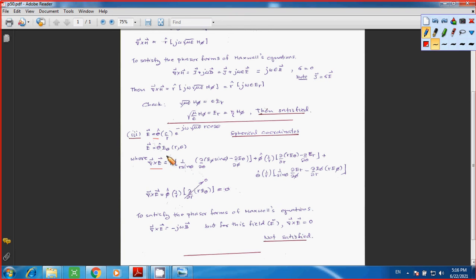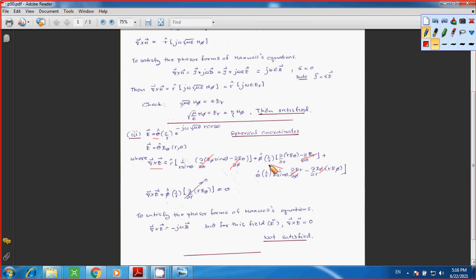Since your E has only the E theta component, this term drops, E r drops, E phi drops, and also E theta depends only on r and theta, so this term also drops.